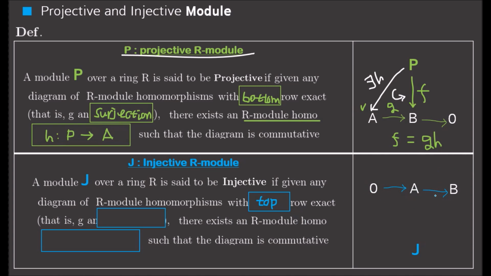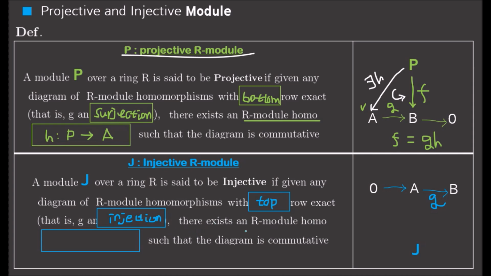Because this is an exact sequence, if I put an R-module homomorphism from A to B, say G, then G is an injection, so a one-to-one map.